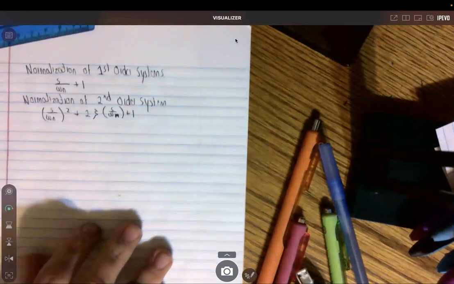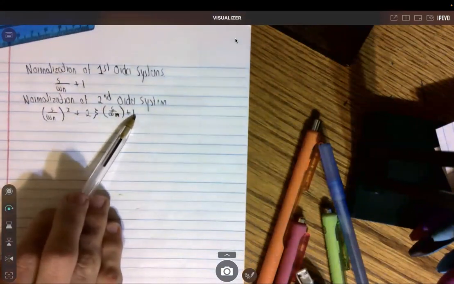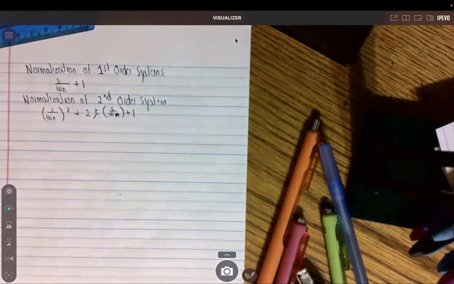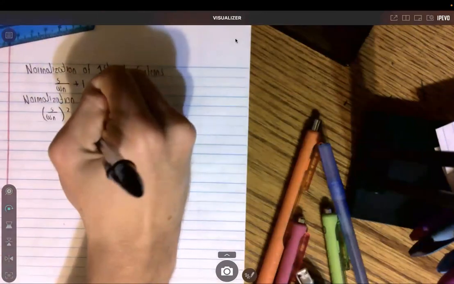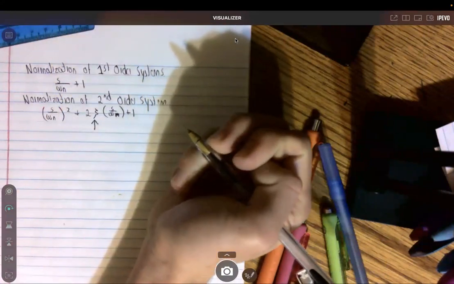And so just like we normalized here to get a +1, you have to normalize this one to get a +1. What we're going to deal with is an example where you have to normalize a second order system with the pole, but just giving you a heads up, this is going to be your damping ratio. Remember your zeta here.